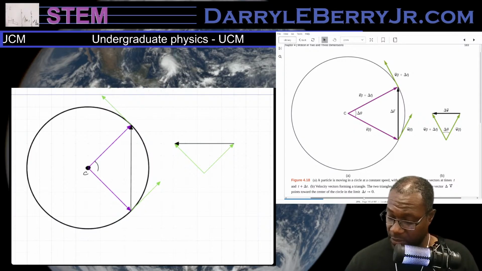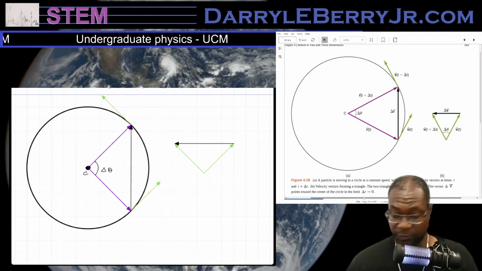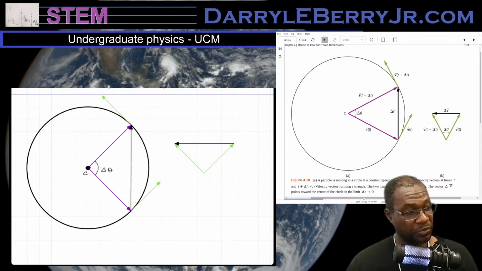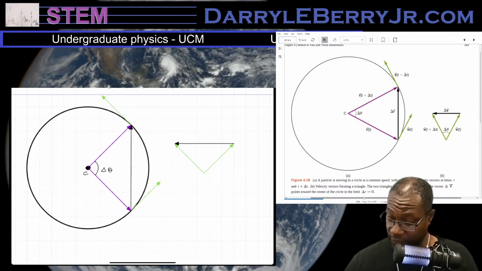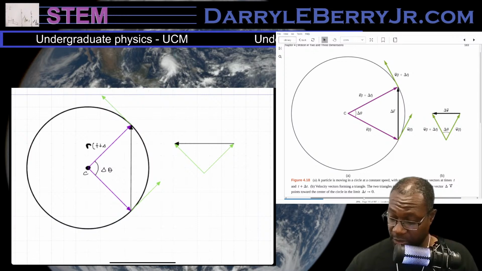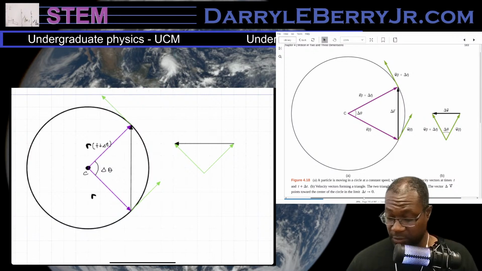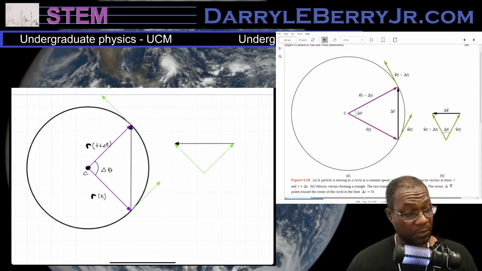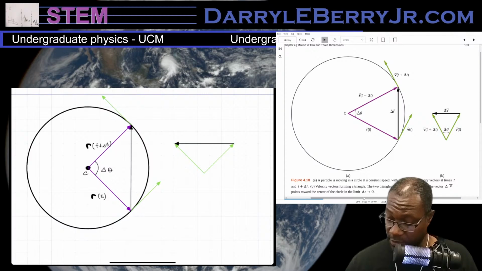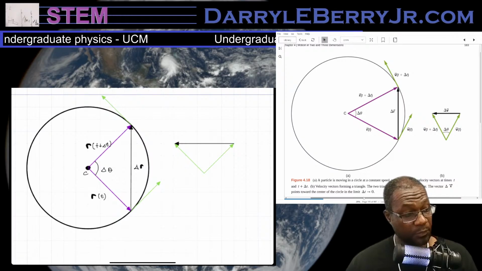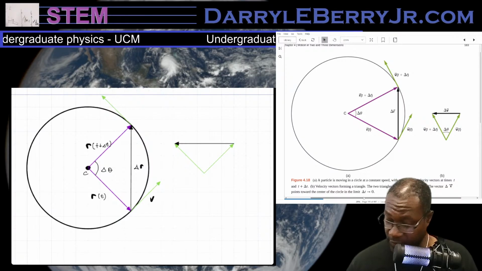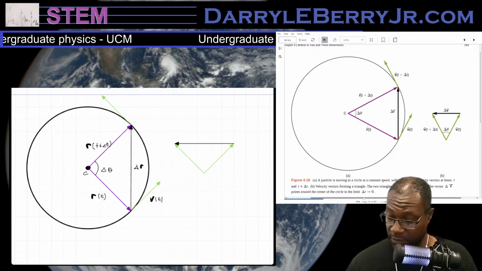This is the change in angle between the position of the particle as it goes around. This is r(t+Δt). This is r(t). This is Δr. This is v(t).